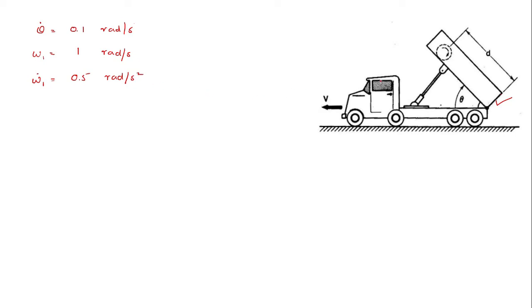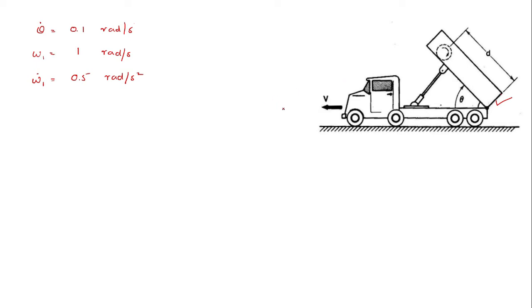Now the first step, once we write the given data, is to fix the primary and the secondary coordinate systems, primary and secondary reference systems.